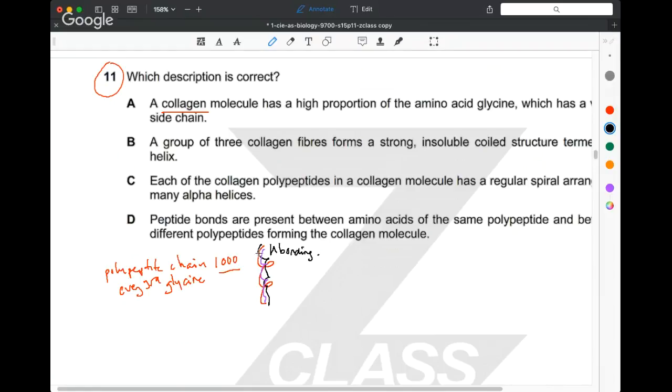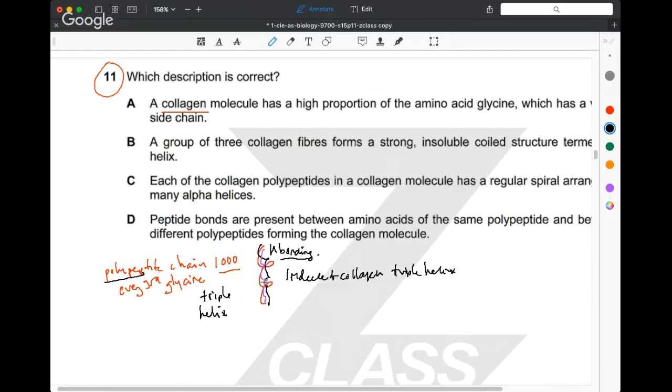All right, so that first level of detail is you've got 3 polypeptide chains, which have a very loose structure here, because every third amino acid is glycine, and they're held together by hydrogen bonding, and that's called a triple helix. And you might say then that one molecule of collagen is a triple helix of these 3 polypeptide chains.